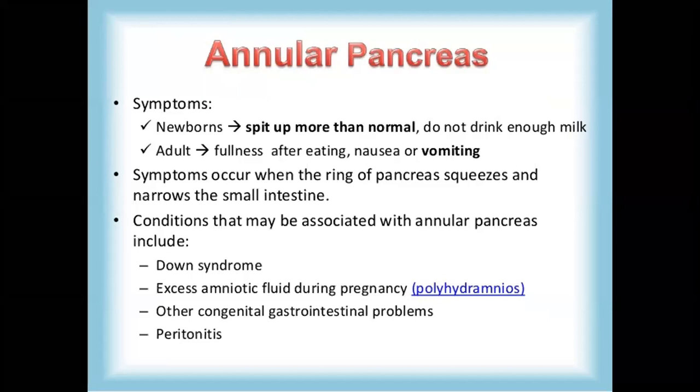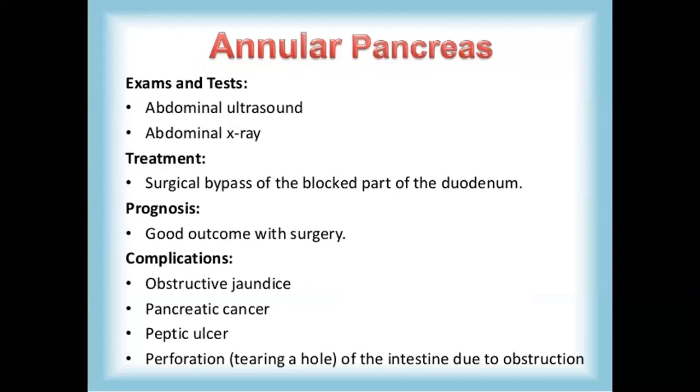Symptoms occur when the ring of pancreas squeezes and narrows the small intestine. Conditions that may be associated with annular pancreas include Down syndrome, excess amniotic fluid during pregnancy, which we call polyhydramnios, other congenital and GIT problems, and peritonitis.